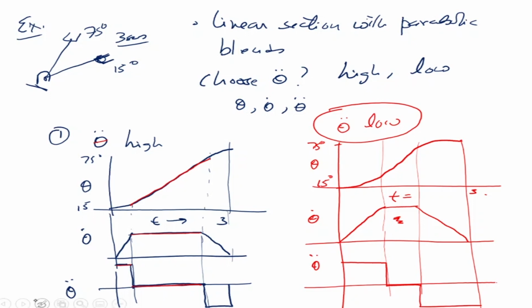Okay, now the other challenge is that although we are saying the acceleration can be high or low, unlike in the previous case, even here at time equal to 0, it has an acceleration. So what we can do is make it rise slowly like this. Okay, it will rise slowly and it can fall slowly. Then it becomes more realistic. Why? Because an electrical motor will take some time to accelerate.